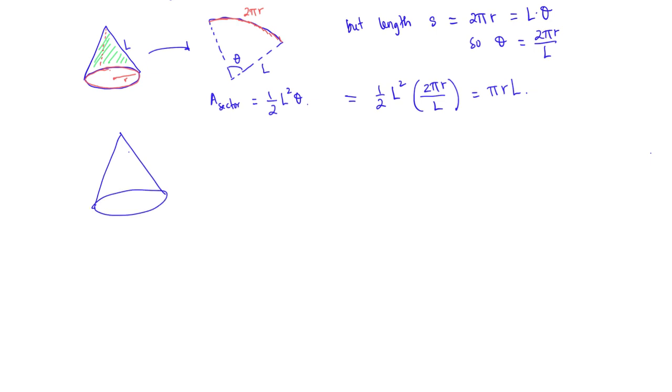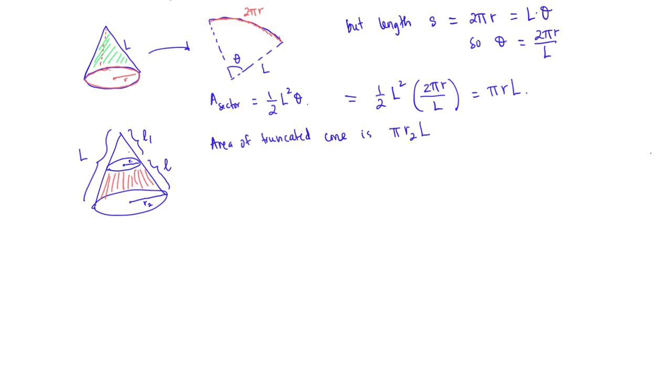We're now interested in the area of the truncated cone, only the area around the truncated cone, not including the top or the bottom. If the radius of the larger circle is r2 and the radius of the smaller circle is r1, the slant side of the truncated cone is little l, the side of the smaller cone is L1, and the side of the larger cone is capital L, then the area of the truncated cone is the difference between the area of the larger cone and the smaller cone.